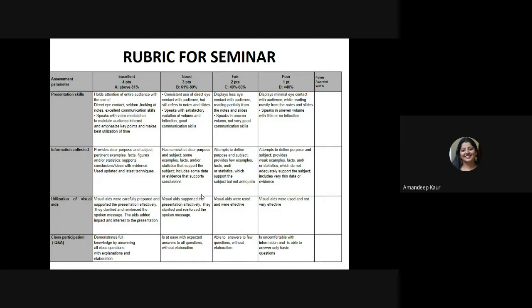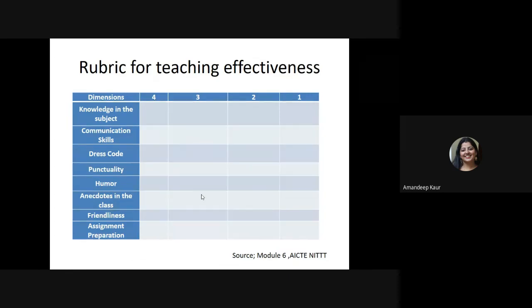So above 81% A grade, 61 to 80 B, 40 to 60 range C, and less than 40 D grade. When the students are performing this activity, we will give the points awarded with the percentage. This kind of rubric sheet is mainly used in many technical institutions as far as internal evaluation is concerned.